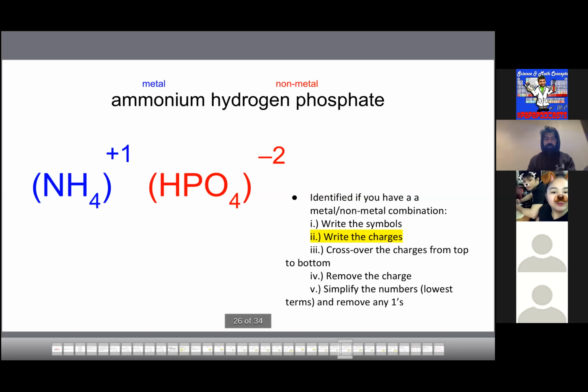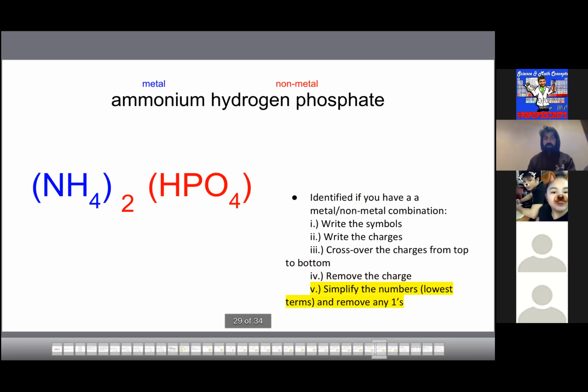When we're crossing over, remember, we're crossing over to the outside of the brackets. So we put brackets around, and we put charges to the outside of the brackets. We cross over, -2, +1. Remove the charge. Remember, the simplifying is only between that 2 and the 1 that we crossed over.